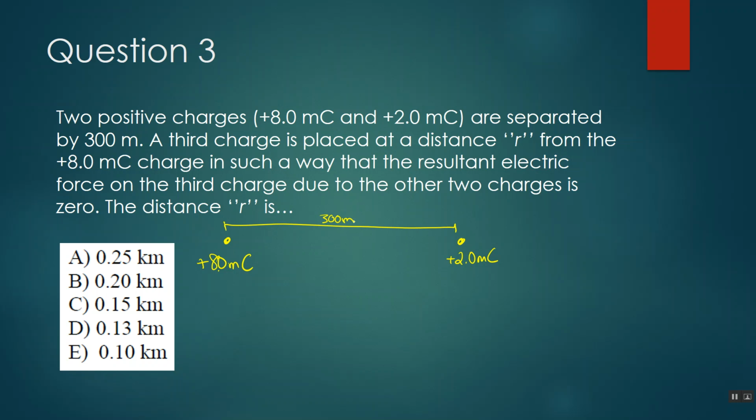So there's my little drawing, and there is a point somewhere here where if I put a Q, the forces are 0. Now, what is the distance between here and here? That's R. And if that distance is R, what's the distance between Q and here? 300 minus R. Very good.